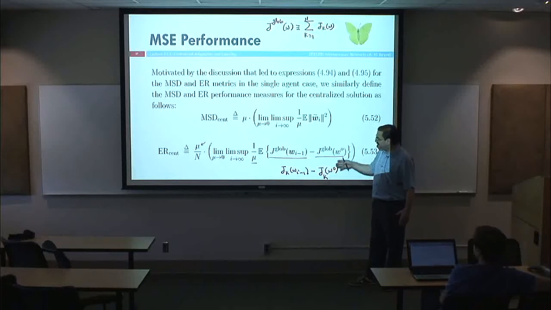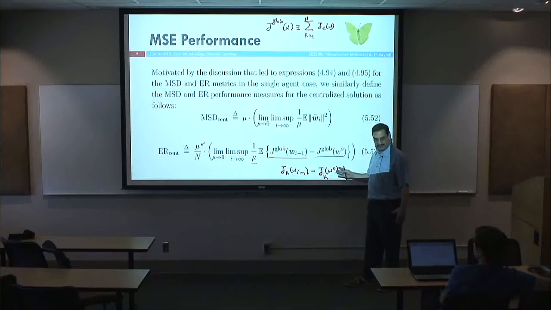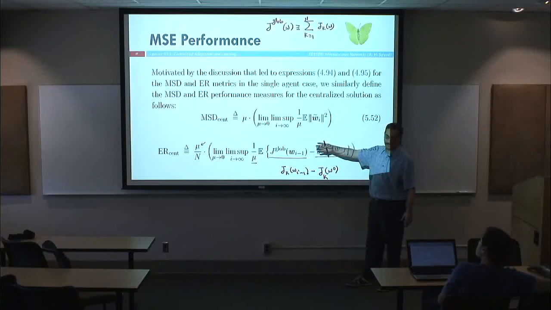For the aggregate cost, I have a sum of n of these differences, so it's n-fold larger than that. So a fair comparison will have to normalize this by n.